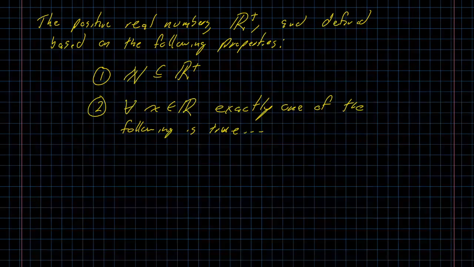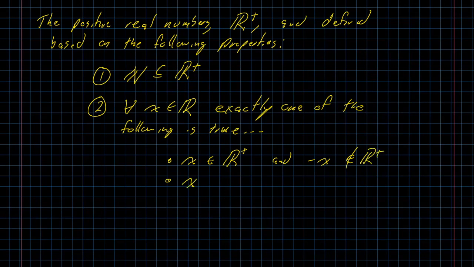This is one of those things that doesn't make a lot of sense in symbols, but when we stop and analyze what it's saying, it should make a lot more sense. Either that thing is a positive real number and its opposite is not a positive real number. That thing is not a positive real number and its opposite is a positive real number, or that thing is zero.